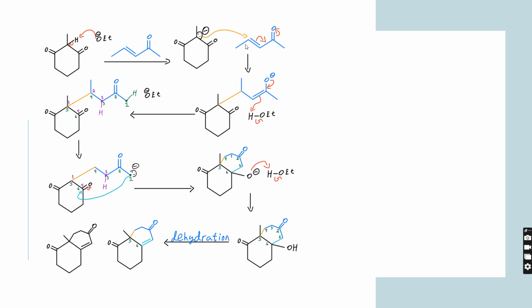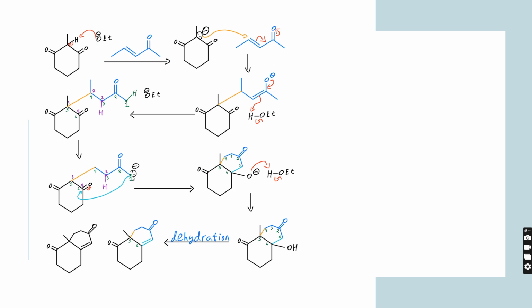After the conjugate addition, you are going to get the second enolate of the reaction. This second enolate is first going to get protonated with the help of the ethanol solvent present, and after the protonation, the reaction will further proceed by now abstracting the acidic proton from here.